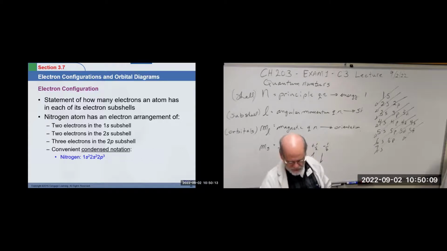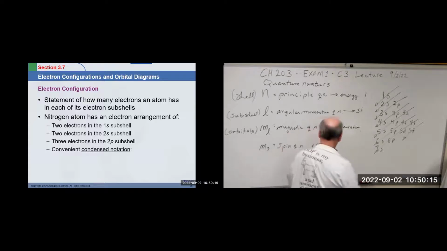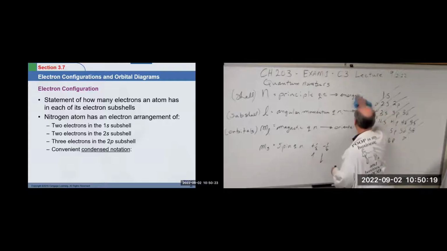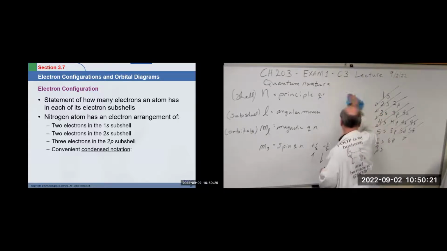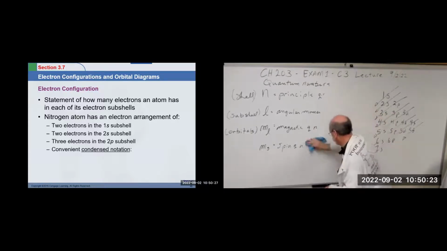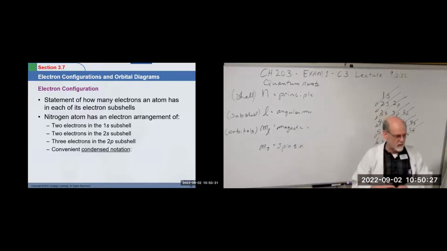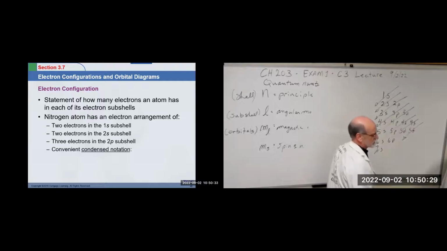Okay, we're going to do nitrogen. Condensed notation. All right. So let me erase this one. We'll do nitrogen. So what do you need to know? Nitrogen has how many protons? 7, right?